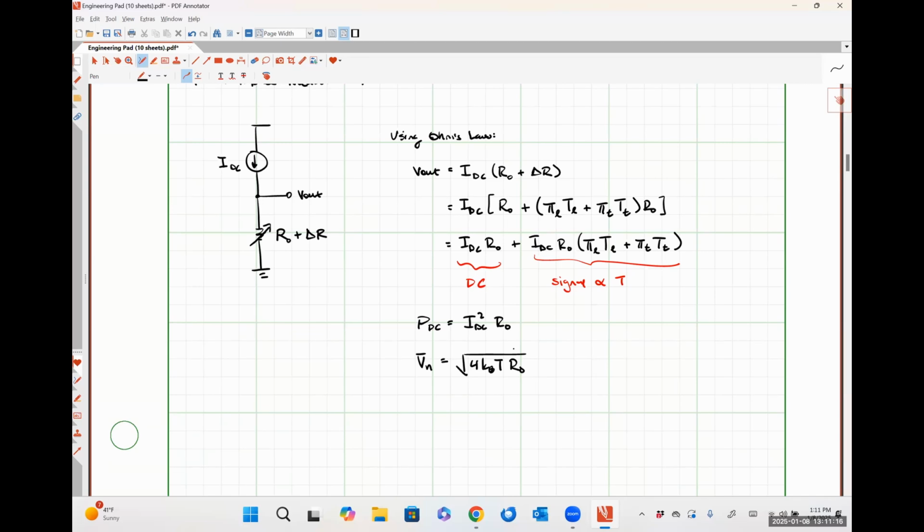So this resistance measurement scheme can be useful in some applications, but there are some disadvantages, okay? Since the change in resistance could be small, we might have to amplify our output signal. And one problem with that is that if we amplify our output signal, well, we're also amplifying our DC offset.